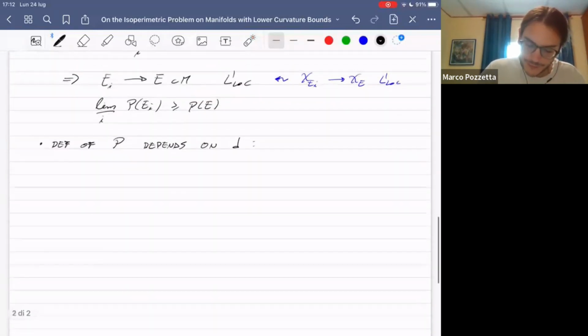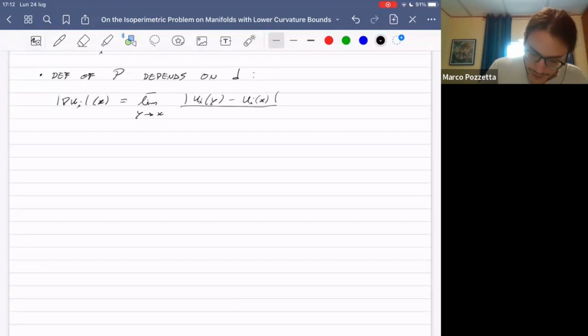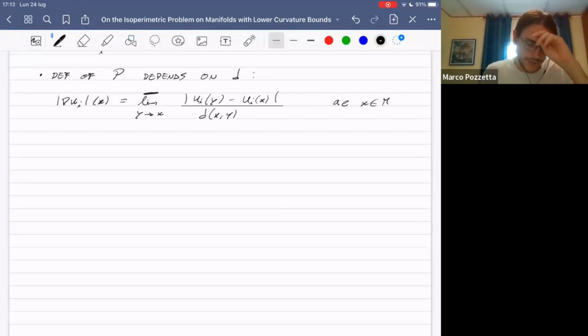But now, the modulus of the gradient of a function u at some point x is actually the lim sup as y goes to x of |u(y) minus u(x)| over the Riemannian distance d(x,y). This holds for almost every x in M, right? Because it is a locally Lipschitz function. So by Rademacher's theorem, this is a function that is almost everywhere differentiable.